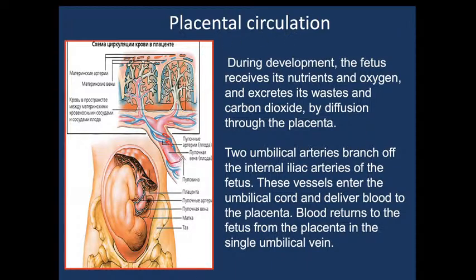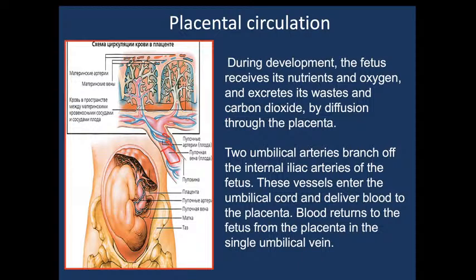Here is the umbilical vein, and it is drawn with a red color because it contains oxygenated blood. As well as oxygen, it contains some nutrients that come from the mother's vessels into the placenta. So it's an exchange.